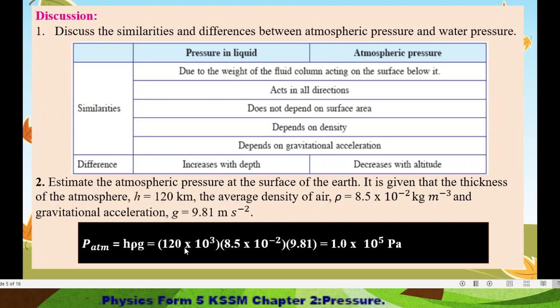So it's 120 times 10 to the power 3 because the unit here is using prefix kilo. And then the density of air, 8.5 times 10 to the power negative 2, and gravitational acceleration, 9.81. Thus we get about 1.0 times 10 to the power 5 Pascal, or equals 100 kilopascal. Okay.